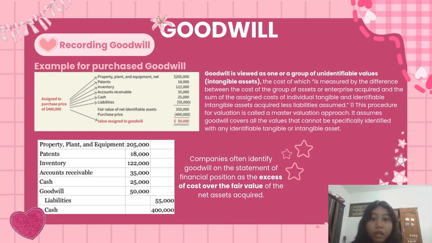A company often identifies goodwill on the statement of financial position as the excess of cost over the fair value of the net assets acquired. So this is the journal entry, how they record it.